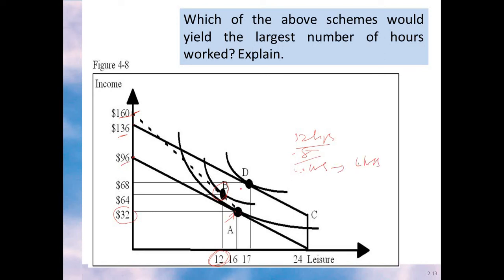That's why at point B, the payment is 64. How do you get 64? You get the normal pay for the first 8 hours, and then for another 4 hours you get the overtime pay.